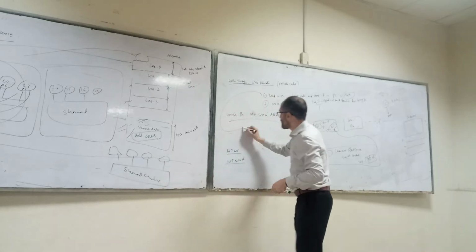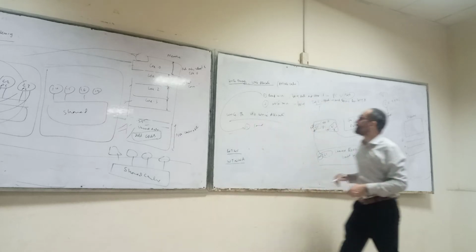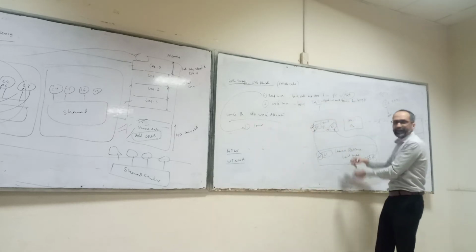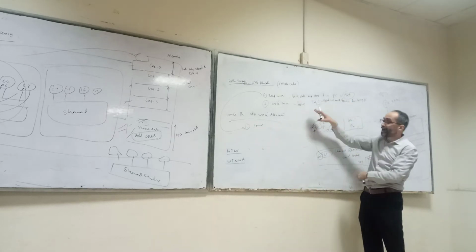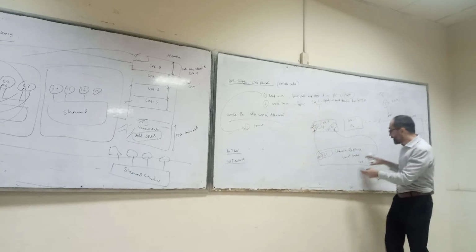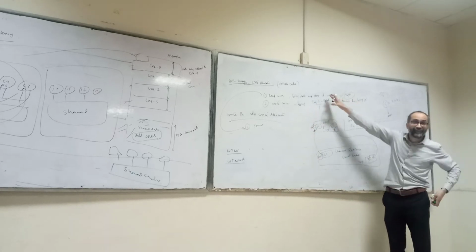And now we have another policy, write through with no write allocate. This one is the same when there is a read miss: bring the data and put it in the cache, no problem. When there is a write miss, you update it in the shared resource, but you do not bring it into the private cache.